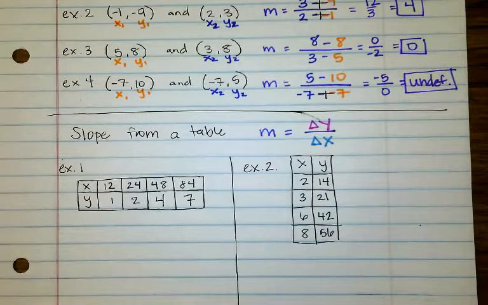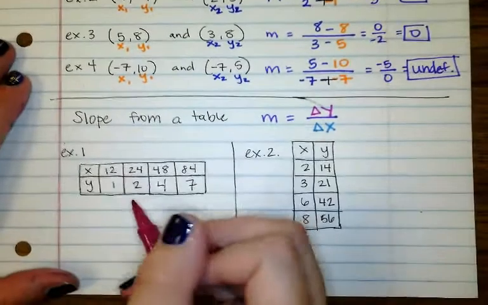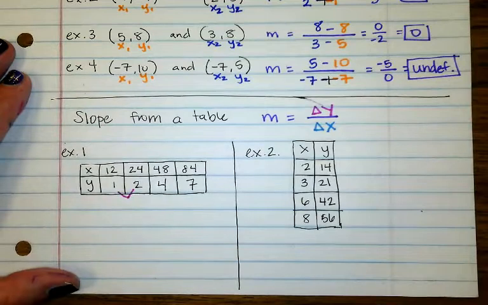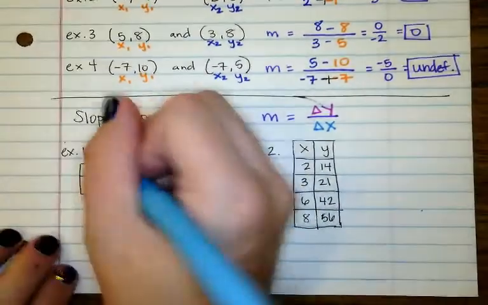Okay? So what we want to do on both of these is calculate our rate of change. Over here, we are going to look at the change in the y's first. So what's my change in my y right here from 1 to 2? We adding, subtracting, what are we doing? We are adding 1. Do y'all feel good about that? What is the change in my x's? 12 to 24, we are adding 12.